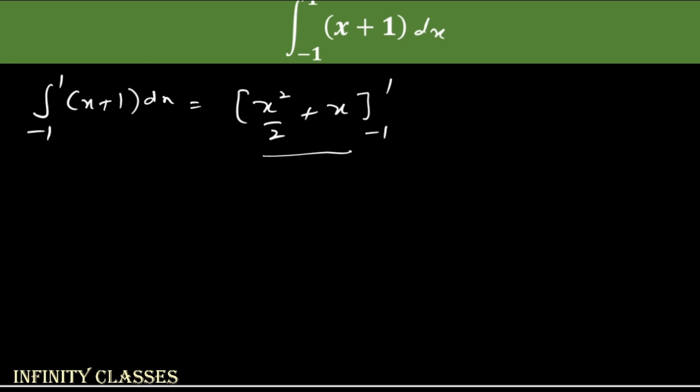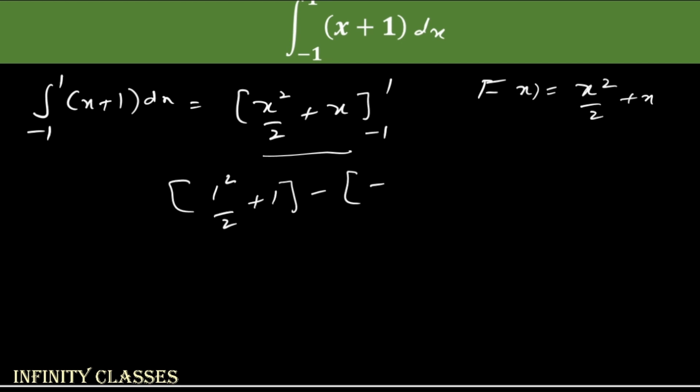So actually this is our capital F, as we have already studied. According to the theorem, we use capital F for the integration. As we know, we will replace x with the upper limit. So 1 squared upon 2 plus 1, minus the lower limit, minus 1 squared upon 2 minus 1.